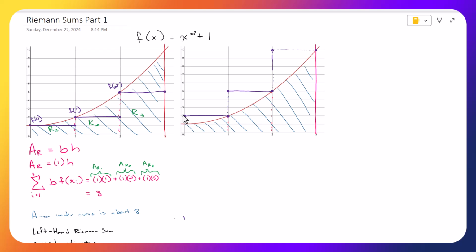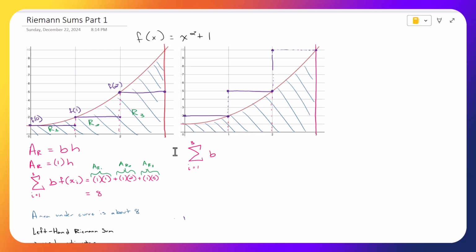I'm going to go ahead and use my proper notation. So we're still summing up 3 rectangles. So we're going from 1 to 3. And our base is still going to be 1, which really I could just write as a 1, but I'm going to write it as b for now because it's going to become something else later.